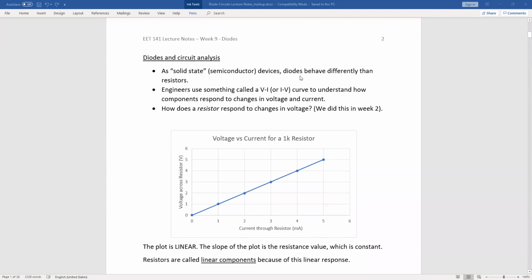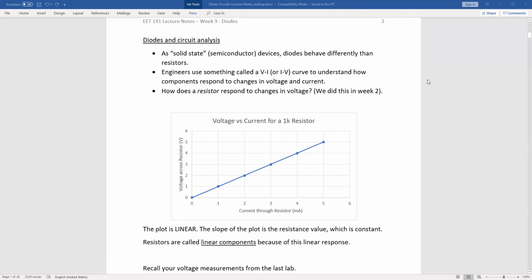So we're going to start doing some circuit analysis with diodes. It's important to remember that these are solid state or semiconductor devices, so they're going to behave a lot differently than resistors behave, and we've mainly just been dealing with resistors up until this point.